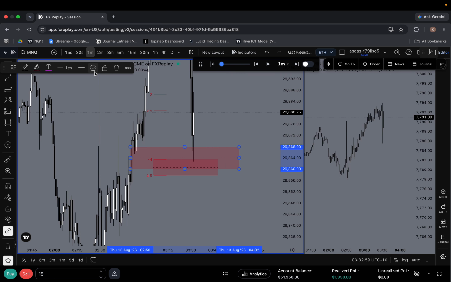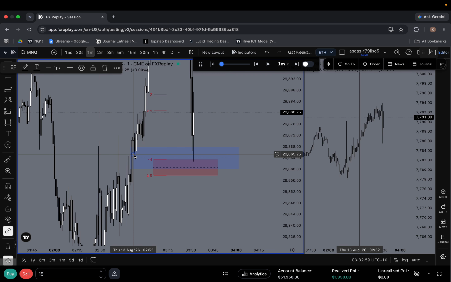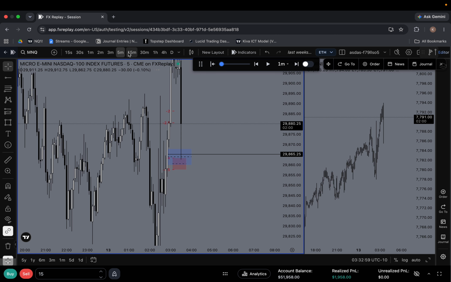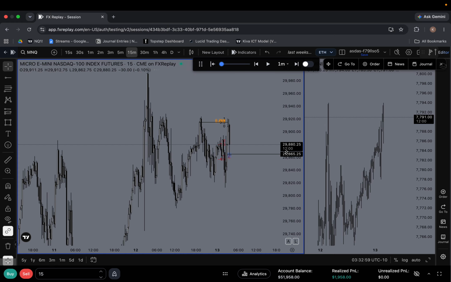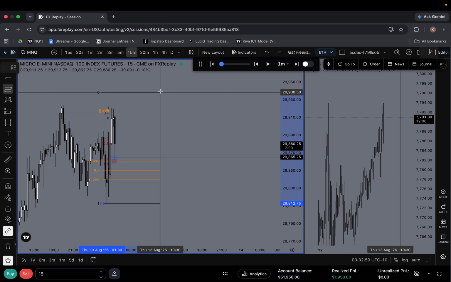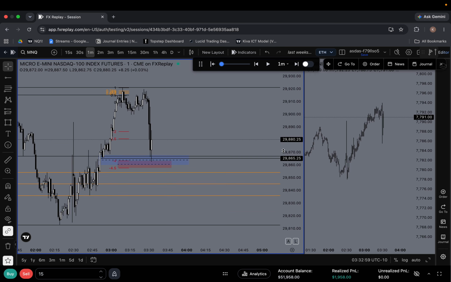Look how all of these PD arrays just stack up on top of each other. Swept out this liquidity, this low here, sort of swooped it. Boom. Right. Did we come into OTE of the range? I'm assuming we at least rebalance to the midpoint. Yeah, midpoint rebalance.